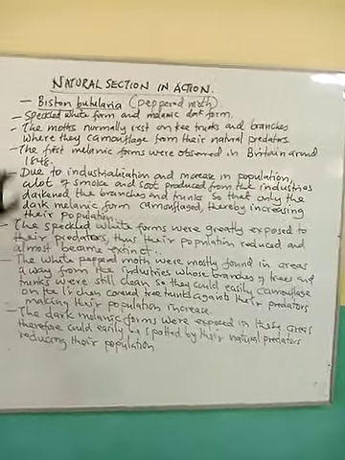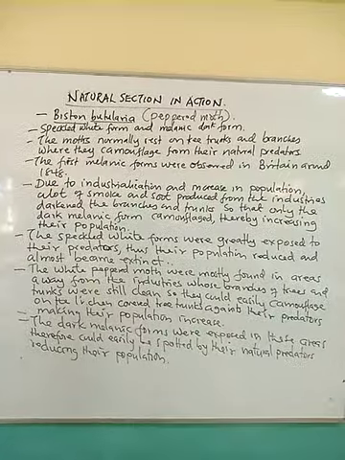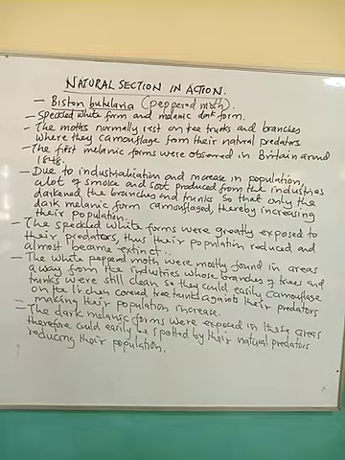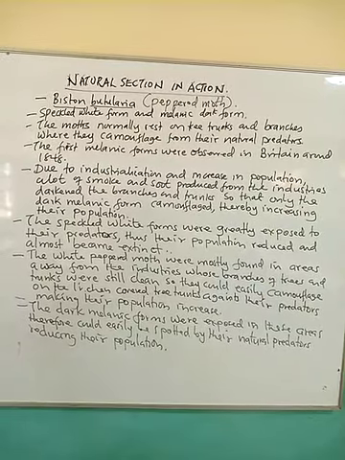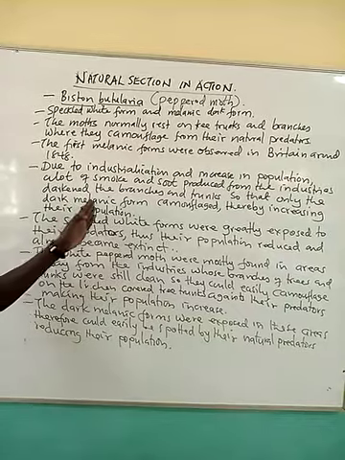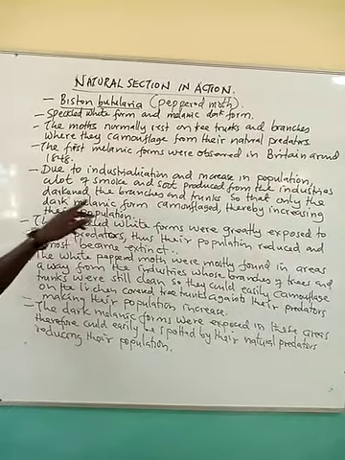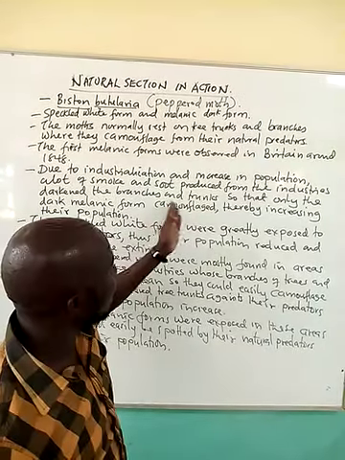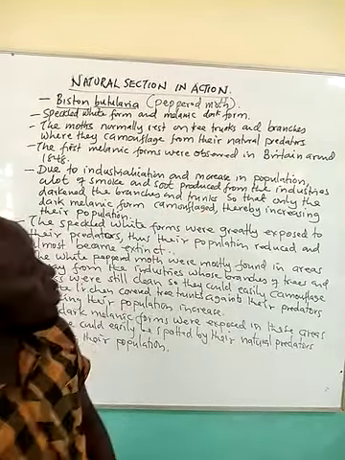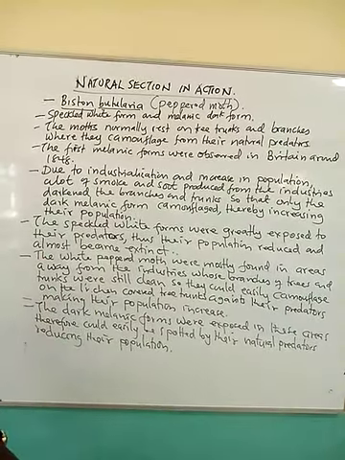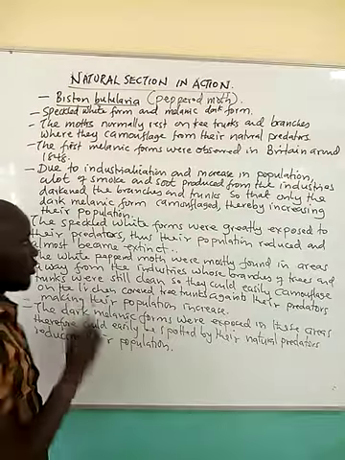Because of industrialization, a lot of smoke and soot was produced from the industries. What was the effect of the soot that was produced? A lot of branches and tree trunks were then darkened by the soot. And the trunks and the branches were darkened so that only the dark melanic form camouflaged, thereby increasing their population.